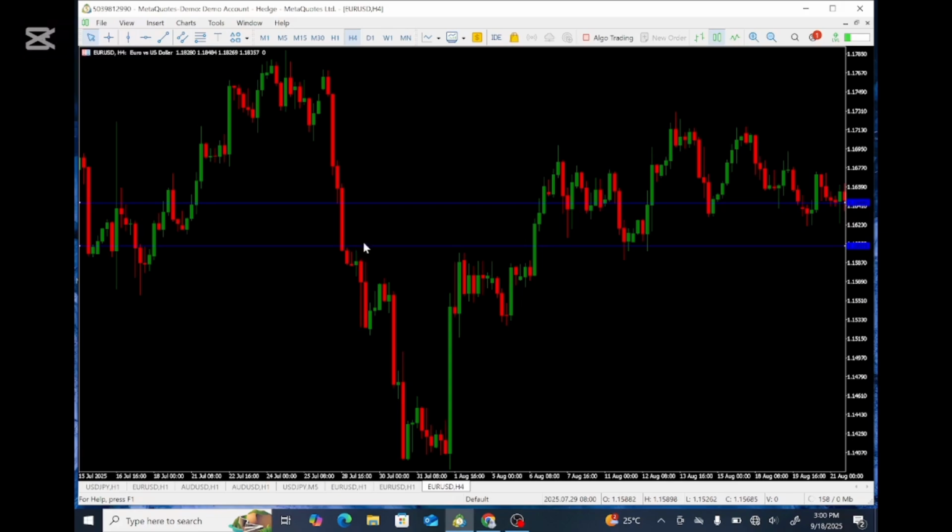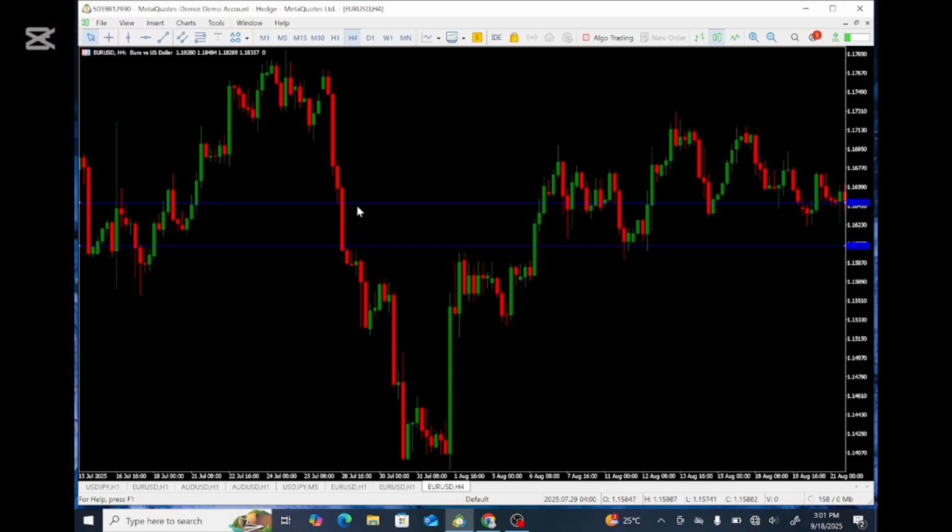So here we have our fair value gap. This is a bearish. Since we are going down, this is a bearish fair value gap. This space was not touched.